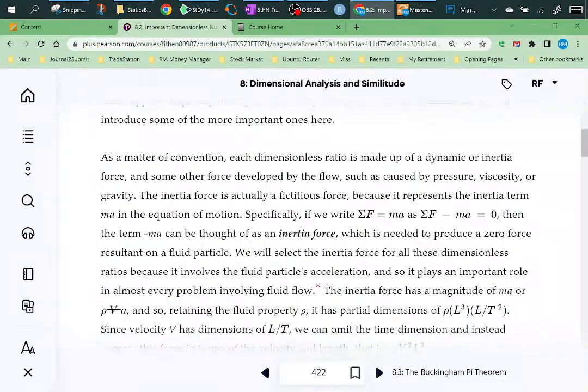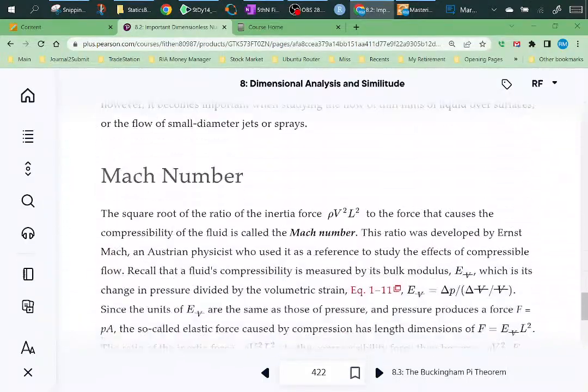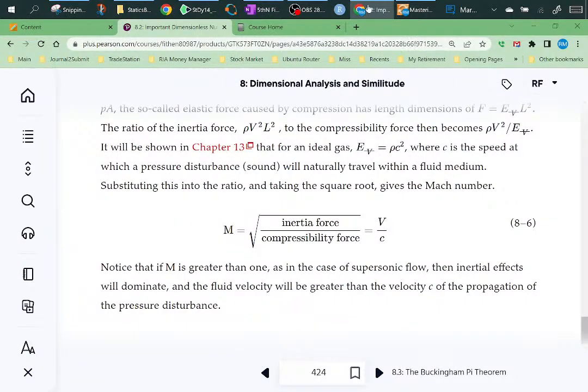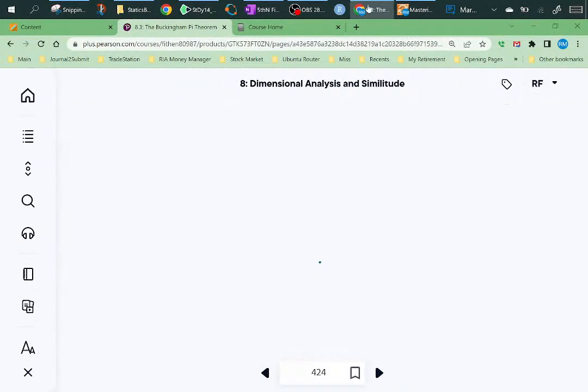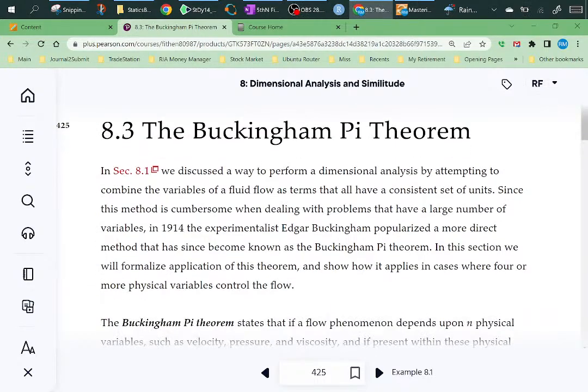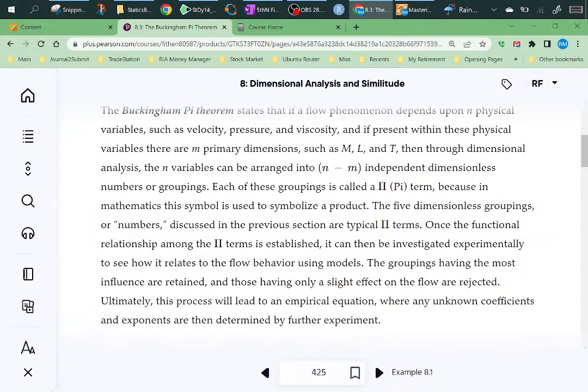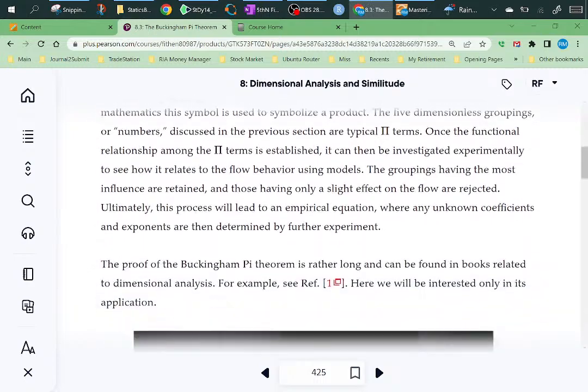Dimensionless numbers: Euler, Reynolds, Froude, Weber, Mach. Okay, not there. Buckingham Pi, okay. It sounds weird, but if you read the Buckingham Pi theorem, he's made it really long here. But effectively, it's better just to show you this now.